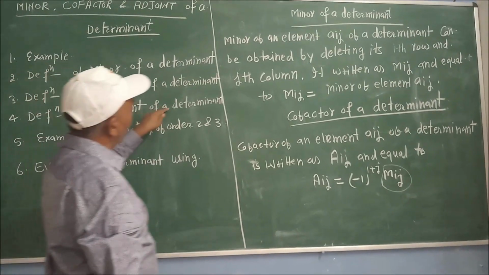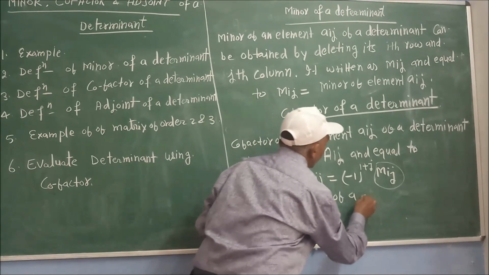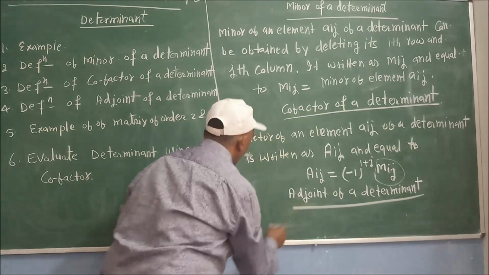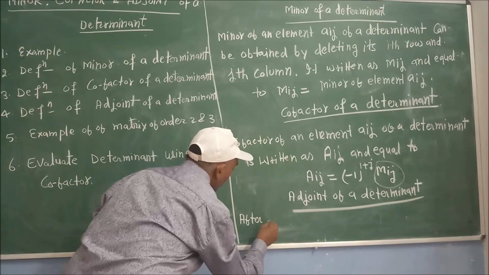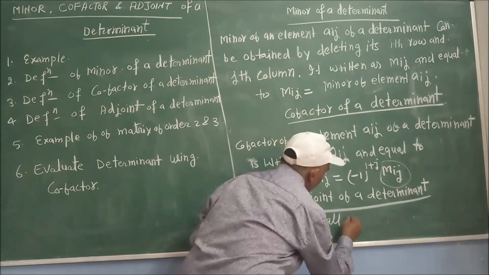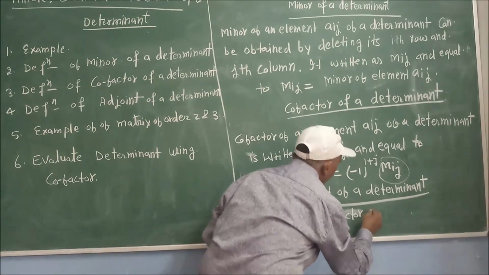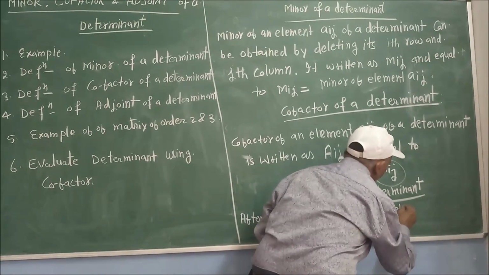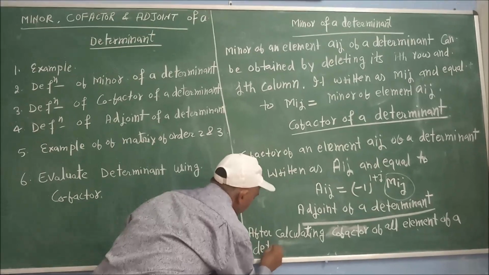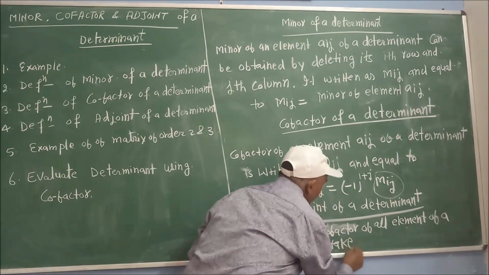And our third definition is adjoint of a determinant.